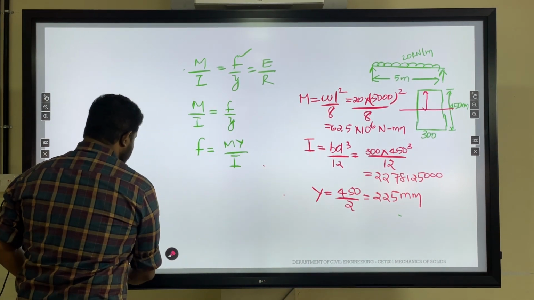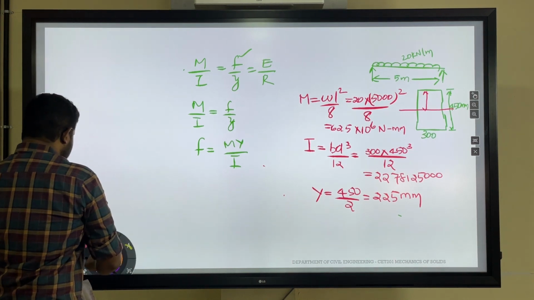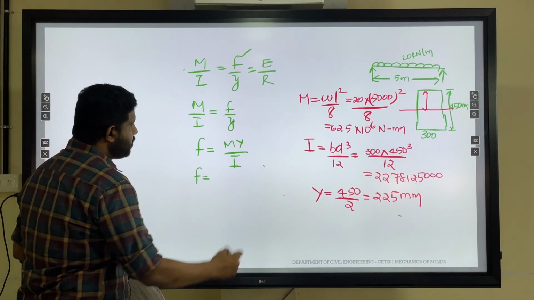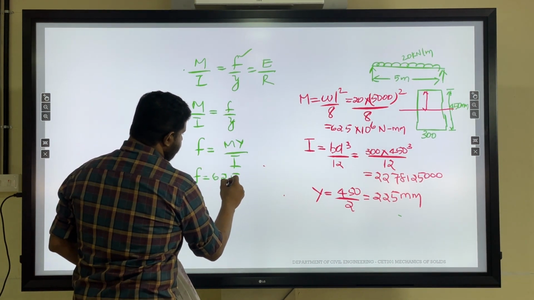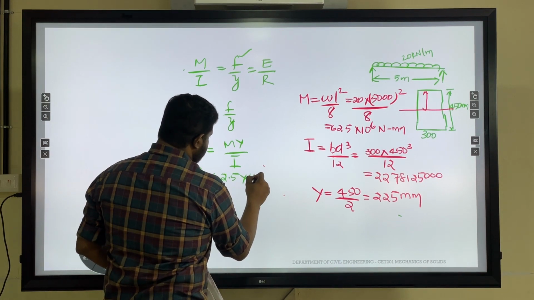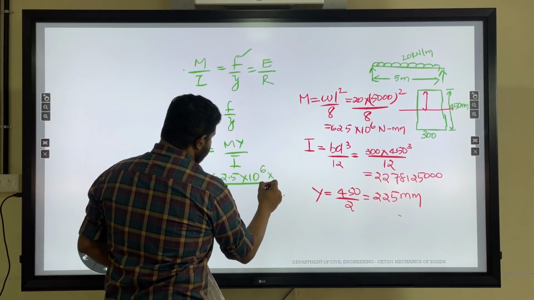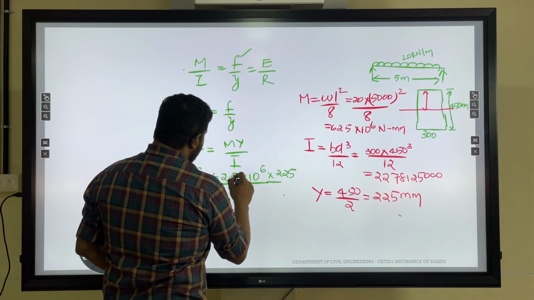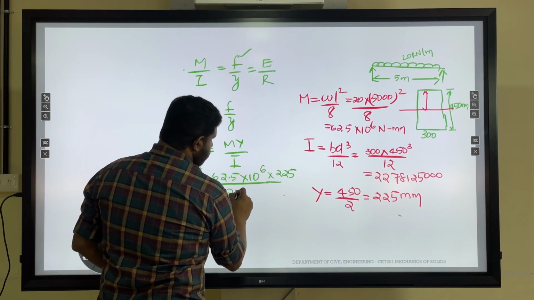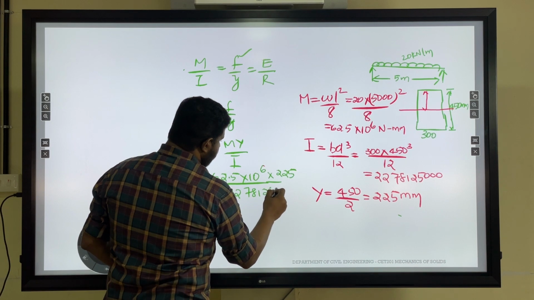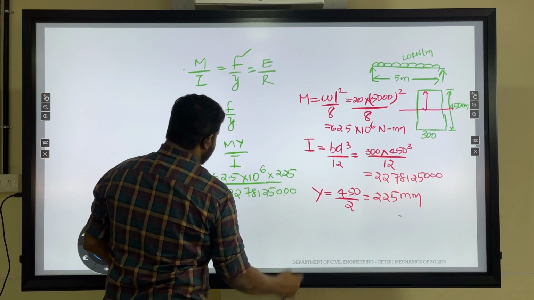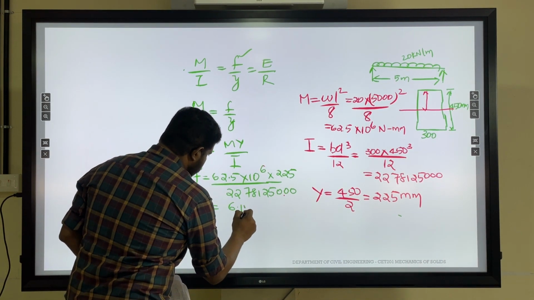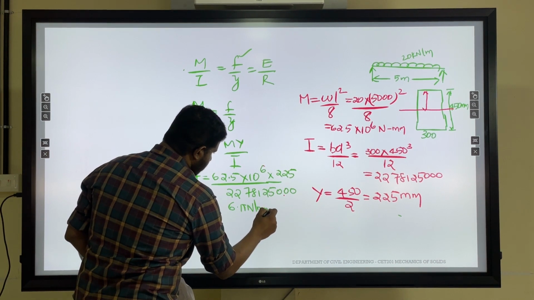So here we have all the values for F. So F is equal to M, it is 62.5 into 10 raised to 6, into Y, it is 225, divided by I, it is 2278125. So you will be getting F, the bending stress, as 6.17 Newton per mm square.